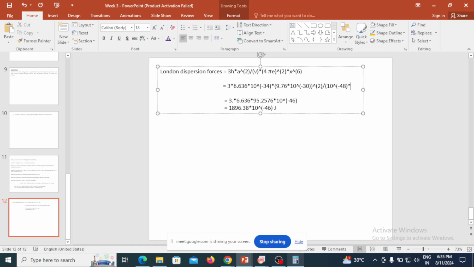So you can assume the frequency, for practice purpose, to be 3 into 10 to the power 15 hertz.